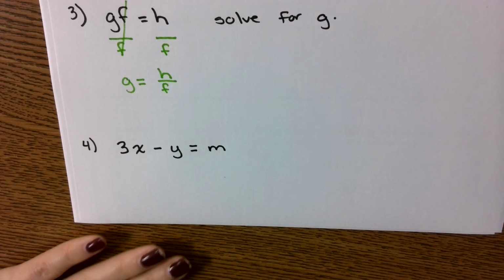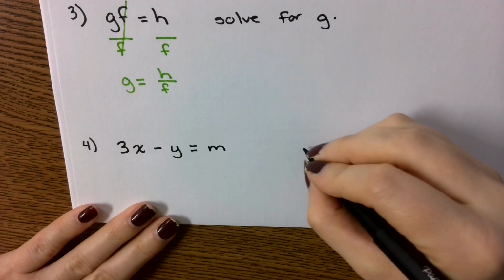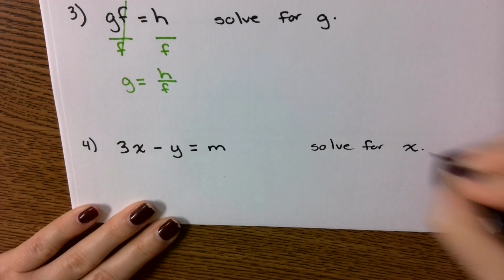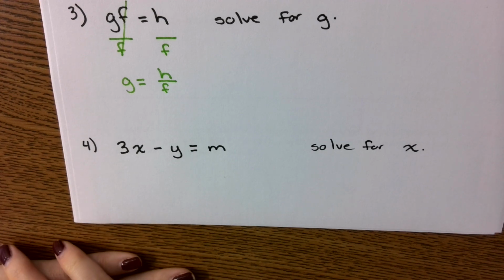Okay, we are going to go ahead and solve for x. We're going to solve for x. So what do we need to do first if we're solving for x?